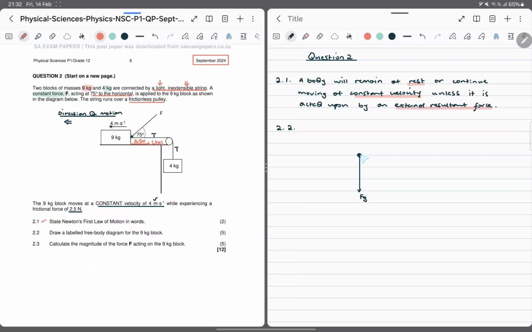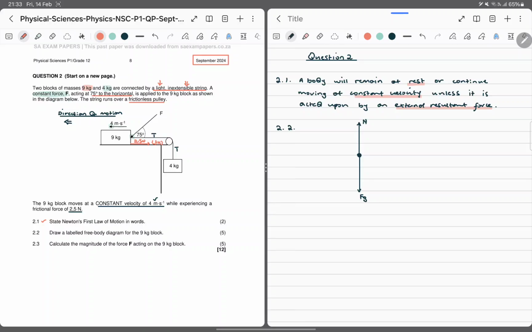Good. And then we are going to have an opposing force to this. Now this force is going to be the normal force. Capital letter N is accepted to denote the normal force because we never use N in physics for anything but the normal force, unless we are dealing with something else. Like in electrodynamics, N would represent the number of turns, stuff like that.